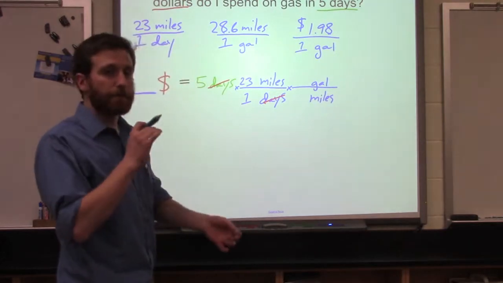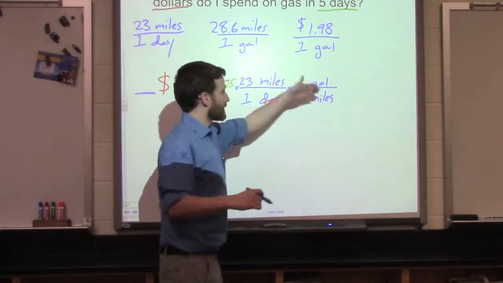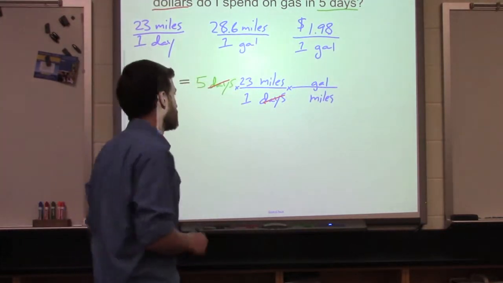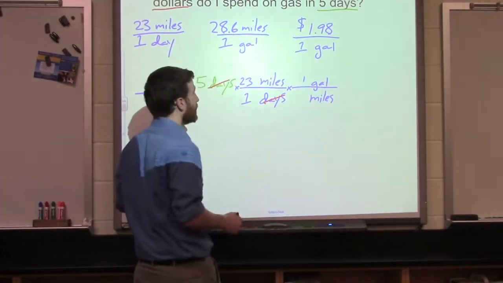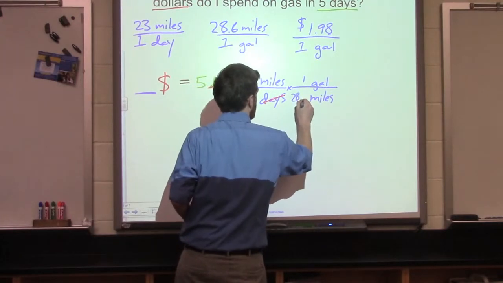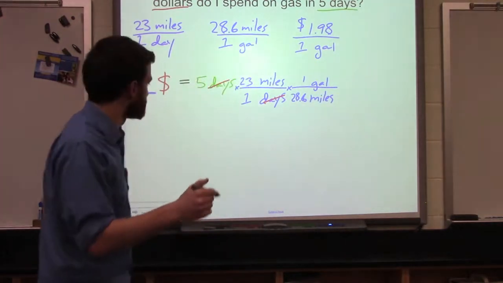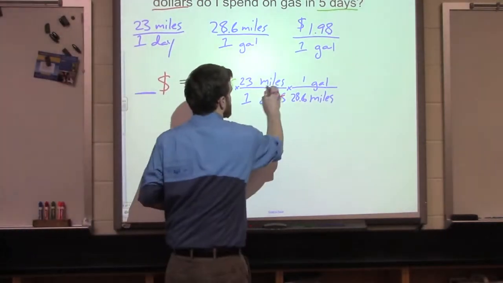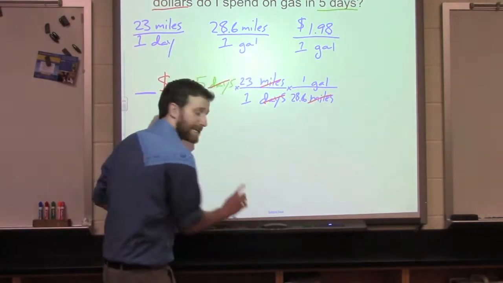But since I flipped the units to go from this to this, I flipped miles and gallons, I must also flip the numbers. So for every 1 gallon, I drive 28.6 miles. Now I just see that miles cancels out, and my units are in gallons.